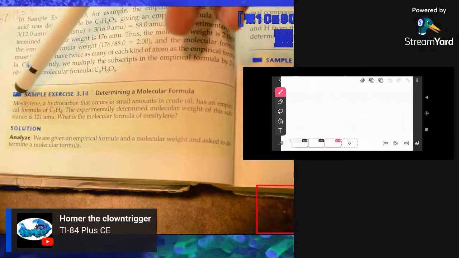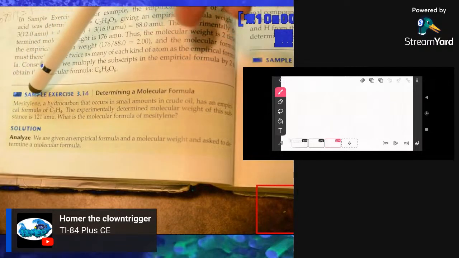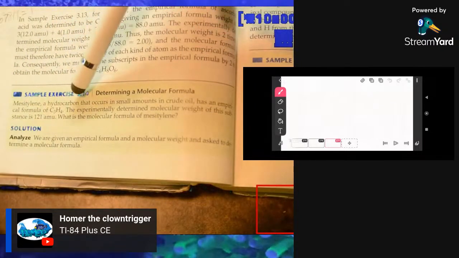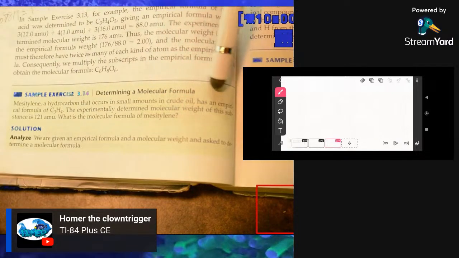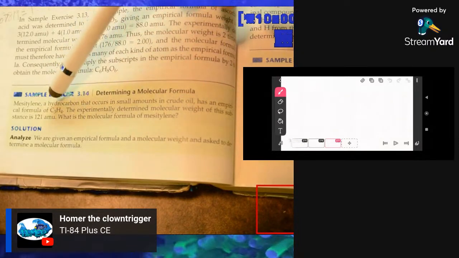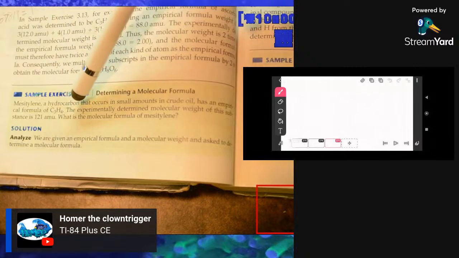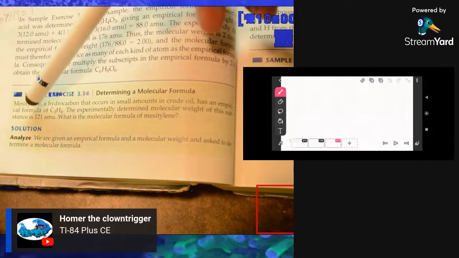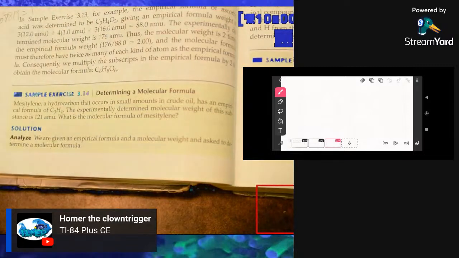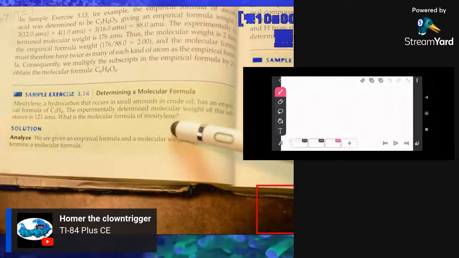Oh man, mesitylene, something like that. A hydrocarbon that occurs in small amounts in crude oil has an empirical formula of C3H4. The experimentally determined molecular weight of the substance is 121 atomic mass units. What is the molecular formula of mesitylene?